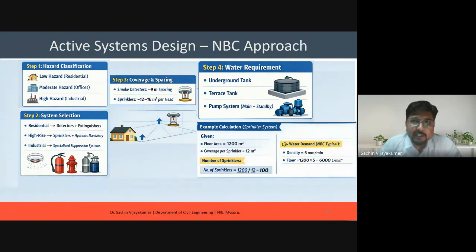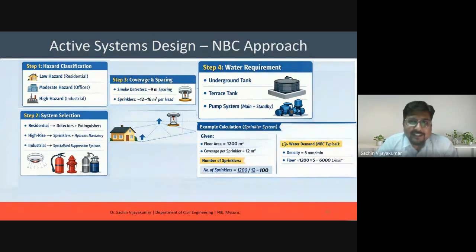In this method, for the requirement, whatever system I told you, for all the 8 elements of the active system that I showed you, there will be tabulated information on what type of building needs what type of extinguishing or active safety system to be provided. If it says yes, you have to provide. If it says no, the requirement is no longer required.